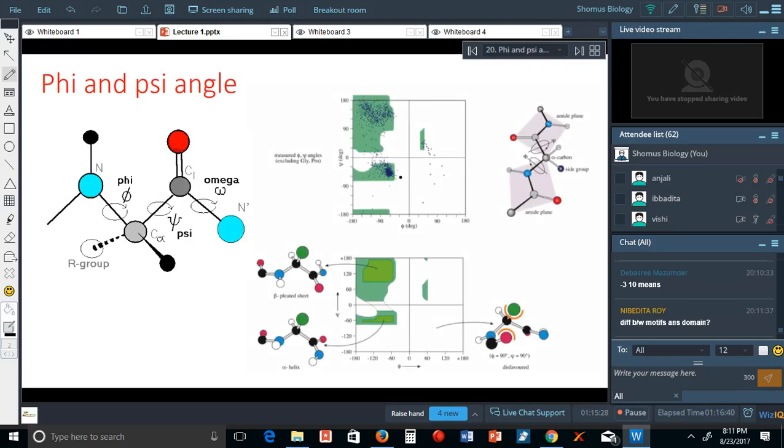But what is very important here is that alpha helix and beta sheet structures actually dictate what kind of protein is going to form, because I already told you while discussing the membrane proteins, right?